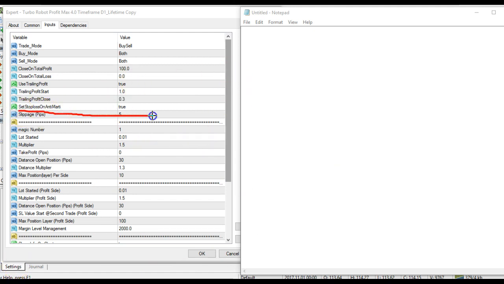So for set stop loss on anti-martingale, which means this portion here, this area, it is the same concept. When you're profiting, it will use the same value as what you have here. We didn't change the value, we used the same.